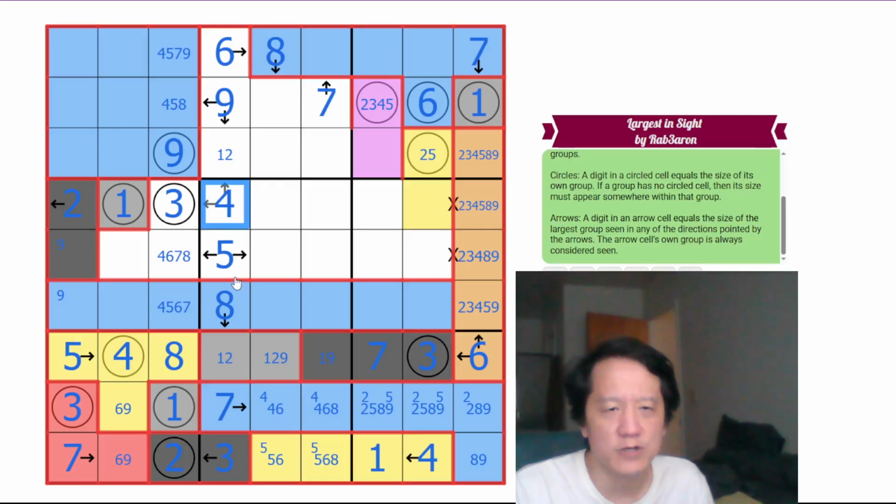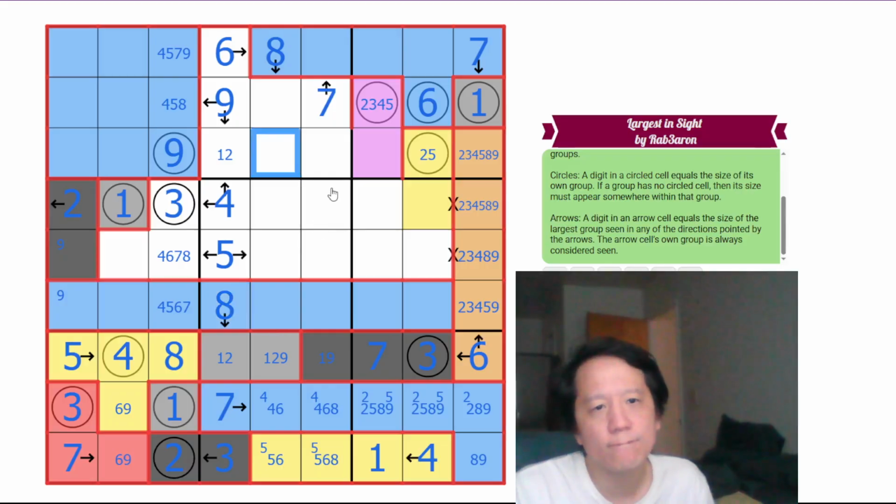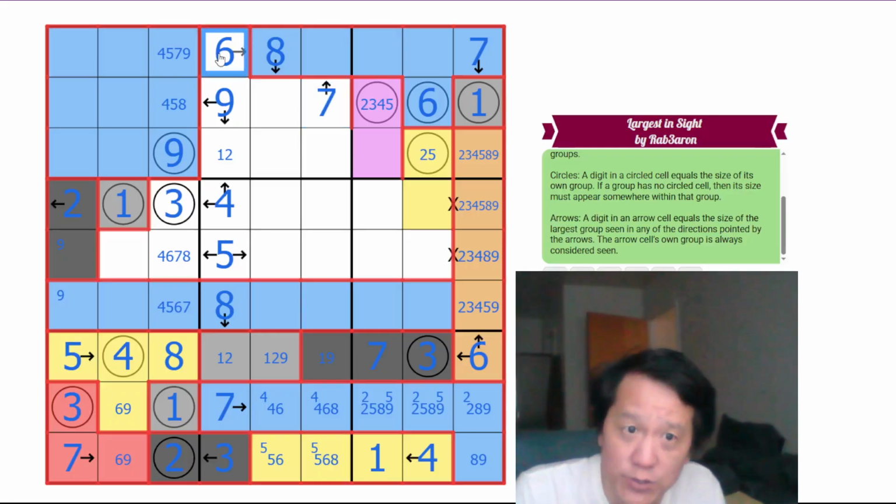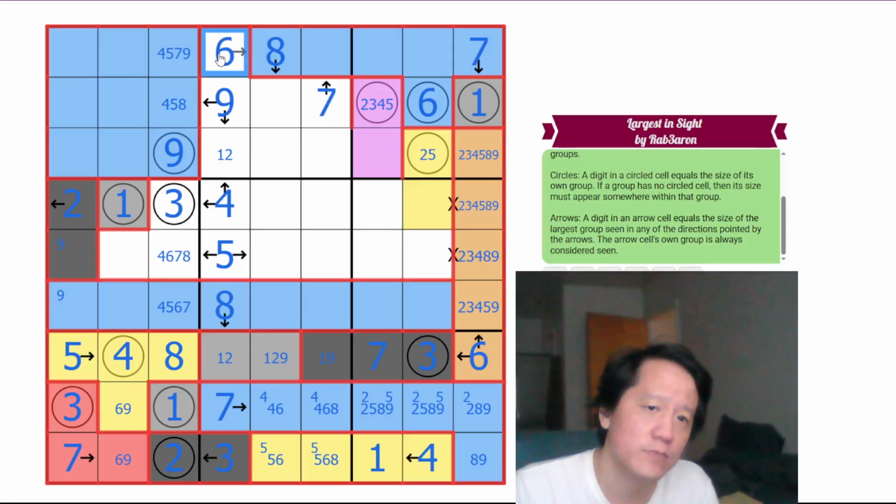This must see one of size 4, which could include itself. This must have a group of size 7, which does not include this one. It can't go anywhere here.